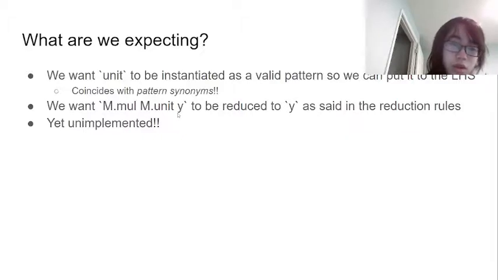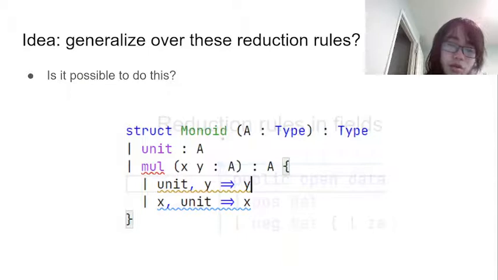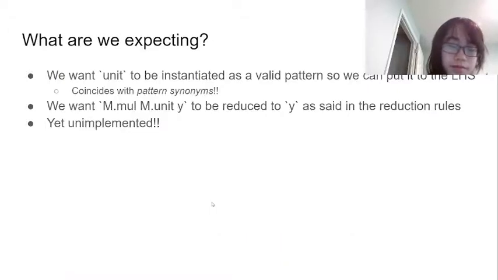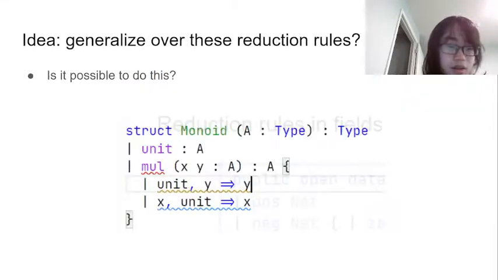So when we work with monoids abstractly, the abstract unit applied to abstract multiplication should reduce according to these rules. If we have that, we can recover what I said just now. This feature is yet unimplemented, but it's planned in the near future because I think it is an interesting feature to work with.